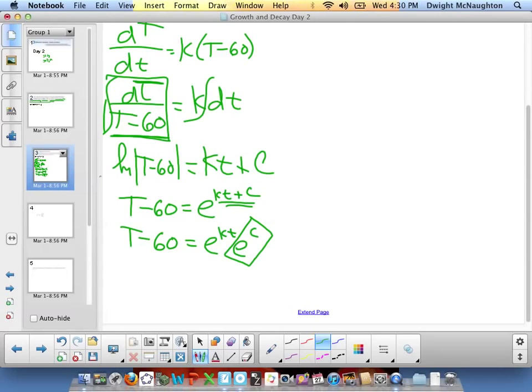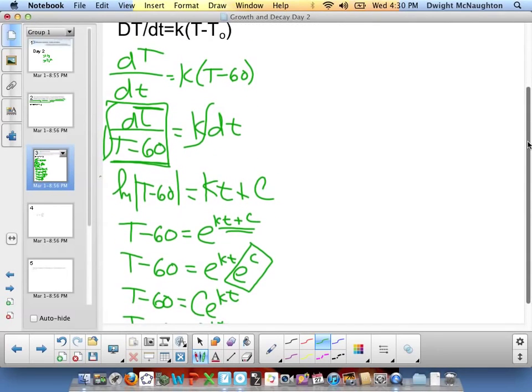So I'm going to simplify that, and we're going to get Ce to the kt, which should look familiar to you. Finish solving for T by adding 60. So there is our form, our general solution to that differential.